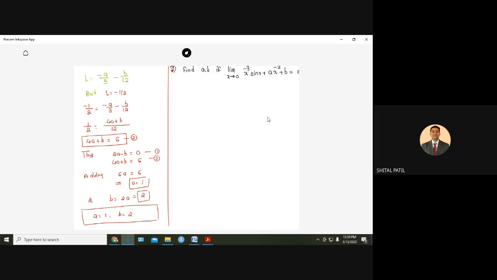Do it yourself. I will also solve. Let L equal the limit as x tends to 0 of sine x by x cube plus a divided by x square plus b. L equal to 0, whenever required we'll use it.